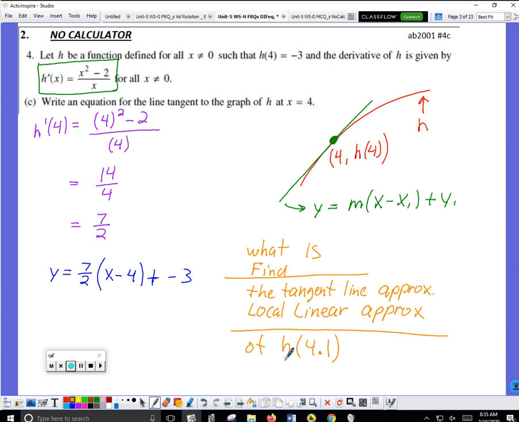You used to read a problem, it says find h of 4.1. What are you going to start looking to do generally to find h of 4.1? So talk to someone who has their hand raised so you can understand it as well. How do we find h of 4.1 in pretty much any problem? A simple way, not a complex way, of finding h of 4.1.